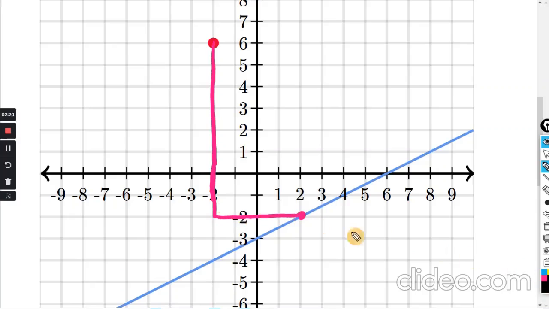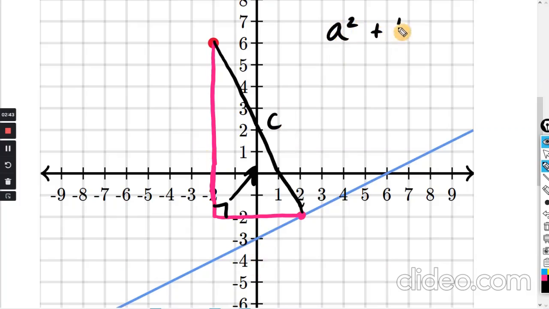And this is a right angle, so this is going to be a right triangle. The distance from point to point, which I'll do in black, is going to be the hypotenuse. Across from your right angle is c, your hypotenuse. The other sides are just a and b. So we're going to do a squared plus b squared equals c squared.